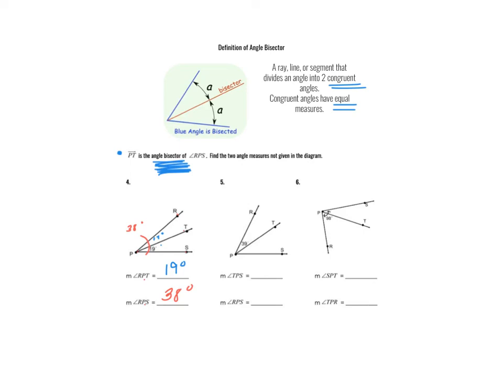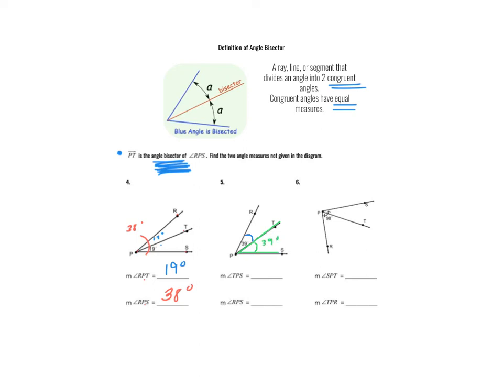So we're going to start with number 5, and in number 5 we are asked to find TPS and RPS. And just looking at the diagram, I can see that I know that this angle is 39. So if I want to find the other part, and I'm told that PT, this thing right here, is an angle bisector, then for that reason, this angle right here has to also be 39.